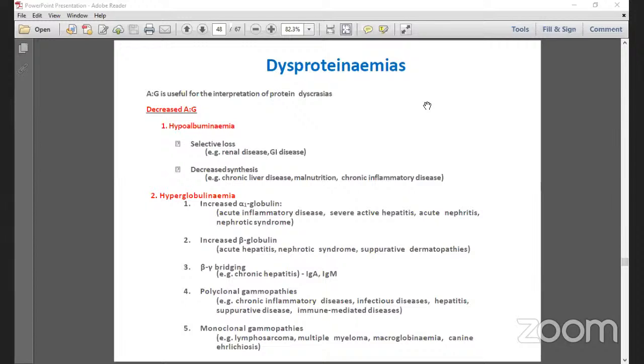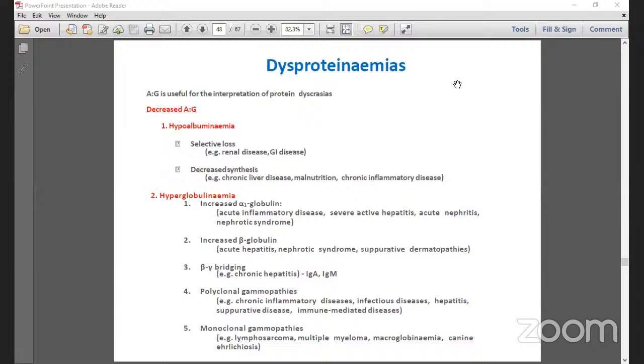Then some protein can be lost through the small intestine due to gastrointestinal disease. We call it protein-losing enteropathy.